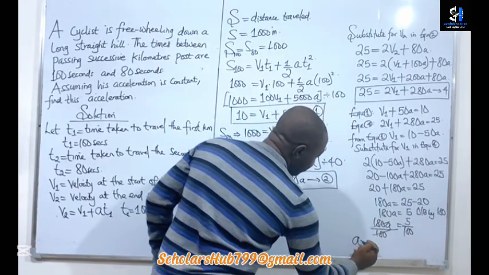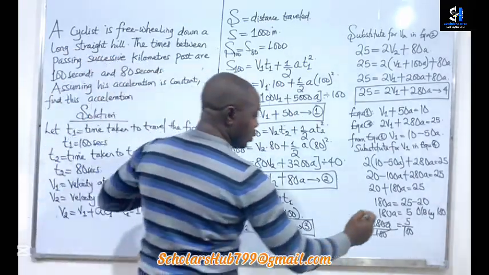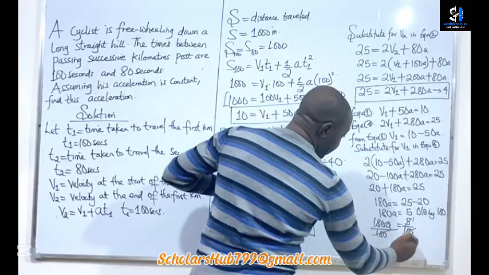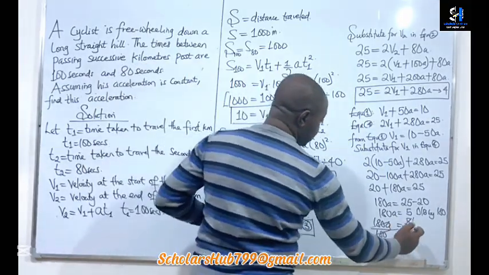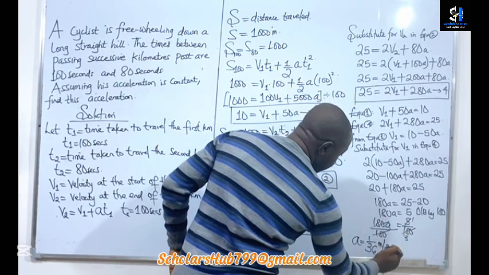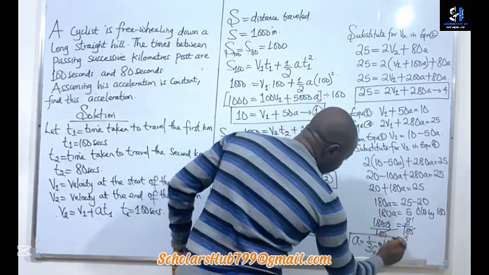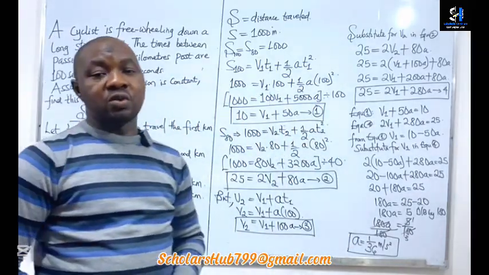So the value of A will be 5 divided by 180, which simplifies to 1 over 36 meters per second squared.